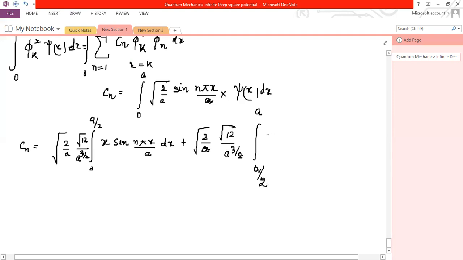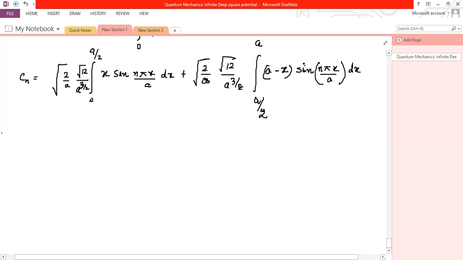What would this integration be? Here you will get a minus x into sine of n pi x upon a. Okay, so this is how you will find your Cn.